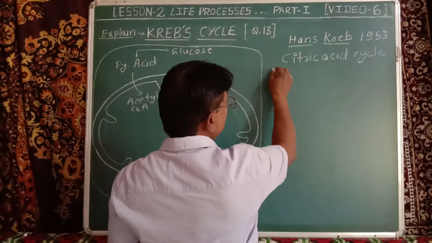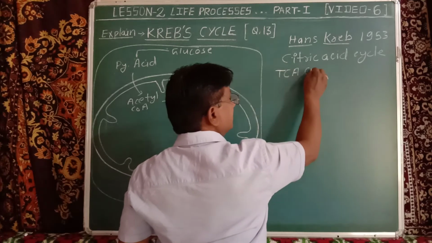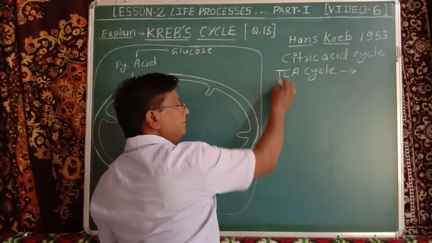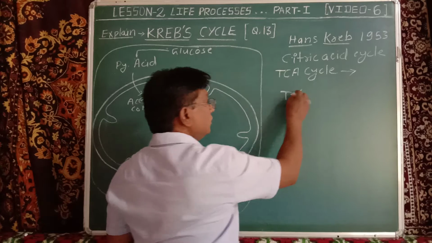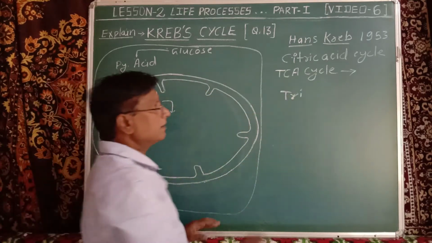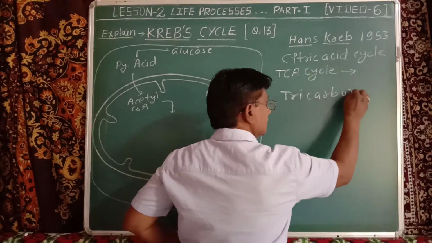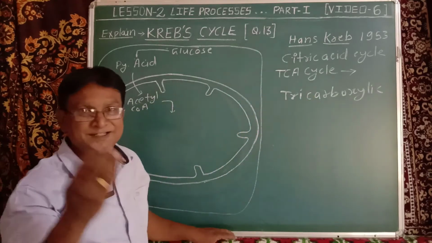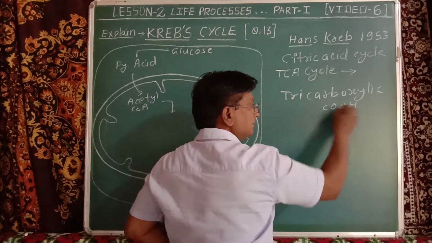It is also called the TCA cycle. Why is it called the TCA cycle? Because most of the compounds which are formed in this cycle are tricarboxylic, meaning they have 3 COOH groups, which you will learn in higher standards.